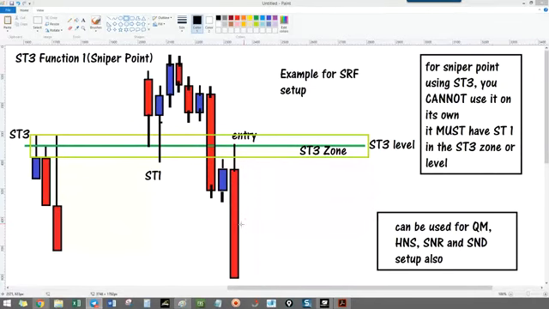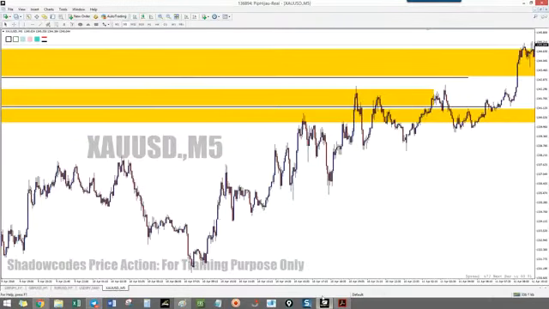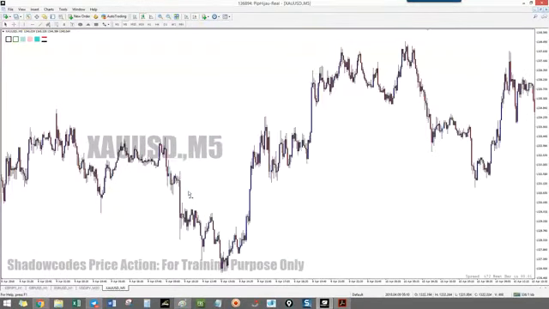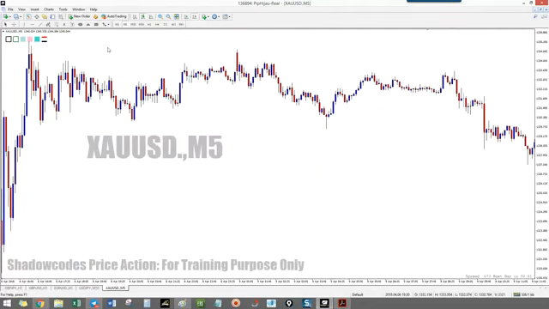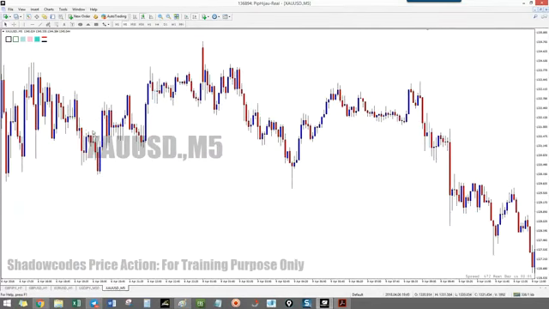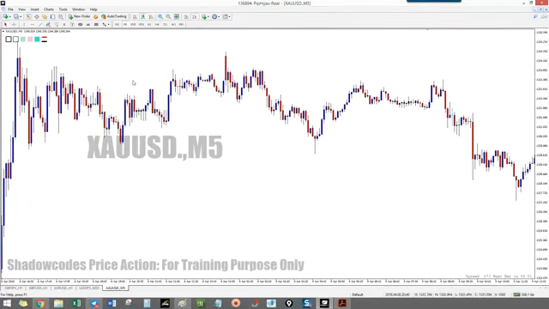Okay, I already update. So that is for ST3. Let's find. It's hard to find. I can assure you. For ST3, it's quite hard to find.